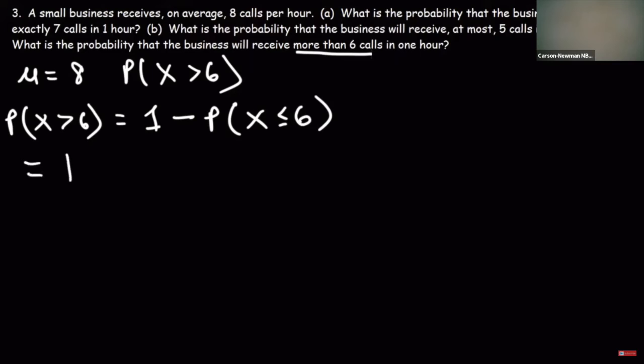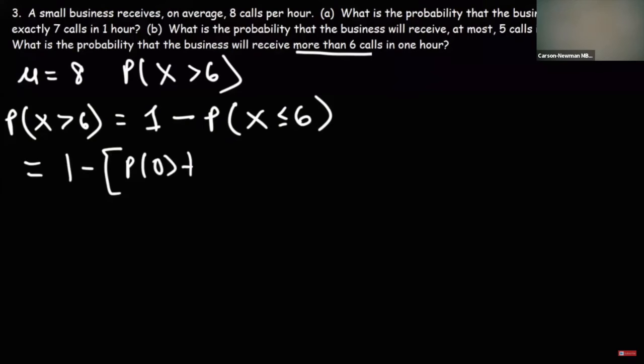So this is going to equal 1 minus the probability that X is 0 plus the probability when X is 1 all the way up to 6.